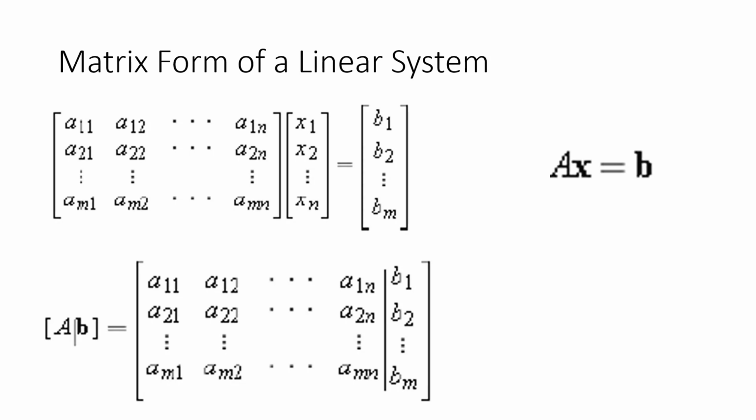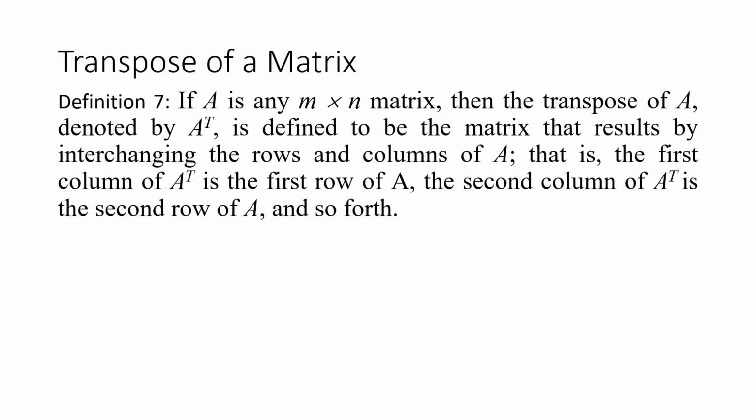So let's have the transpose of a matrix. Let's have the definition. If matrix A is any m by n matrix, then the transpose of A, denoted by A raised to T, is defined to be the matrix that results by interchanging the rows and columns of A. That is, the first column of the transpose of A is the first row of A, and the second column of the transpose of A is the second row of matrix A, and so forth.